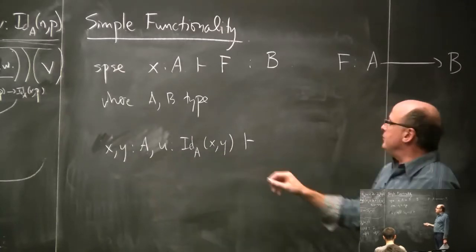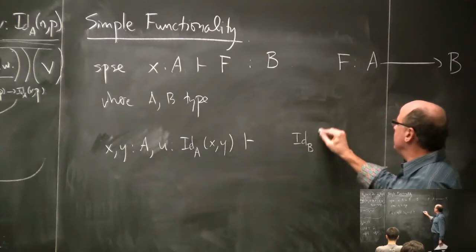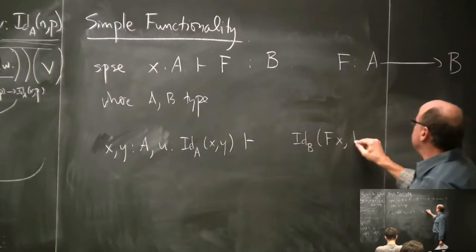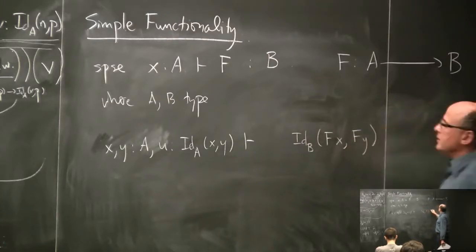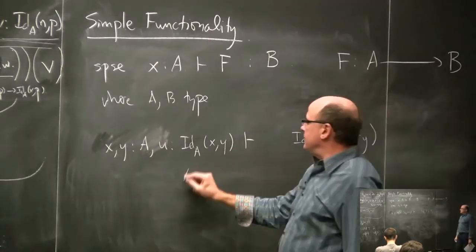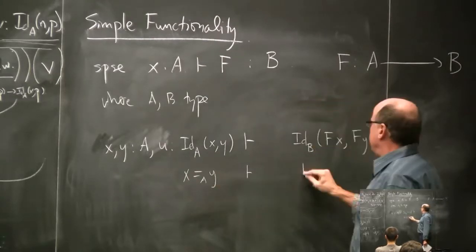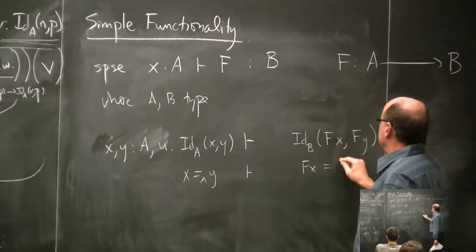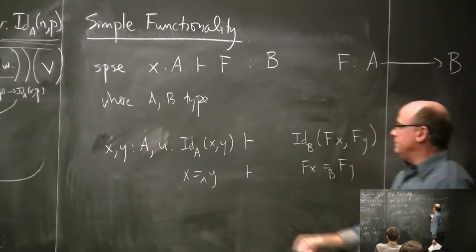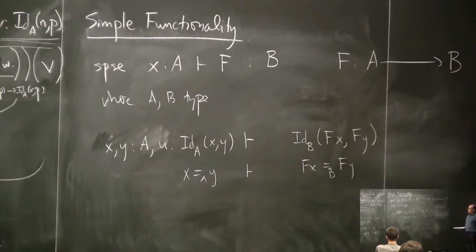That is, it should send equal arguments to equal results. So what does that mean? It means that in B, I should expect Fx and Fy to also be equal. In other words, if you read this logically, if X is equal to Y, then Fx is equal to Fy, and this would happen in B. Okay? That's what we're saying.